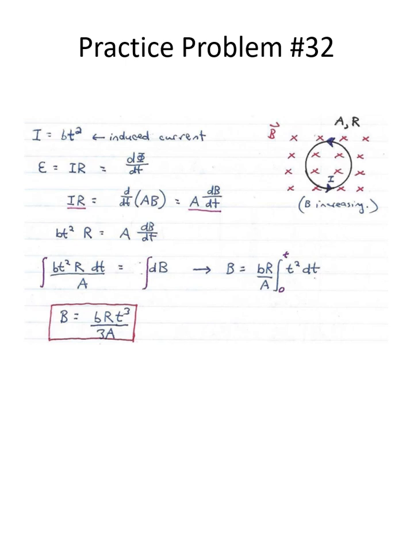At time t equals 0, the magnetic field and loop current are both 0. Subsequently, the current increases according to I equals b times t squared, where b is a constant with units amperes per second squared. Find an expression for the magnetic field strength as a function of time.